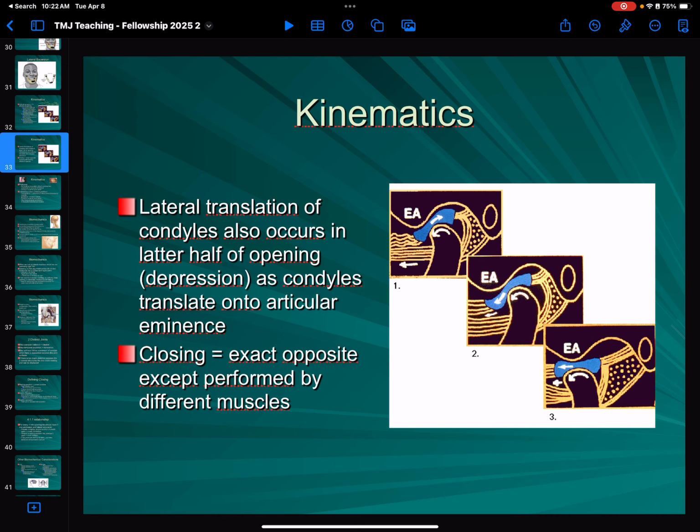If you feel the condyle popping out early, it's because translation is happening early, when what should happen is rotation early. But even with a normal jaw, translation is going to happen, right? Not at the first stage, but at the second stage. So you'll feel some of that at your condyle itself.